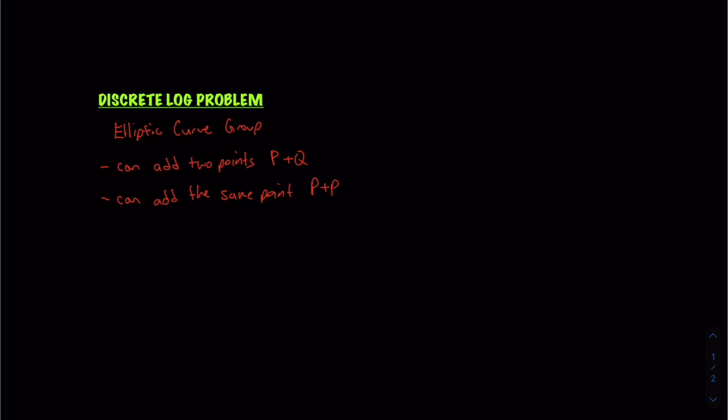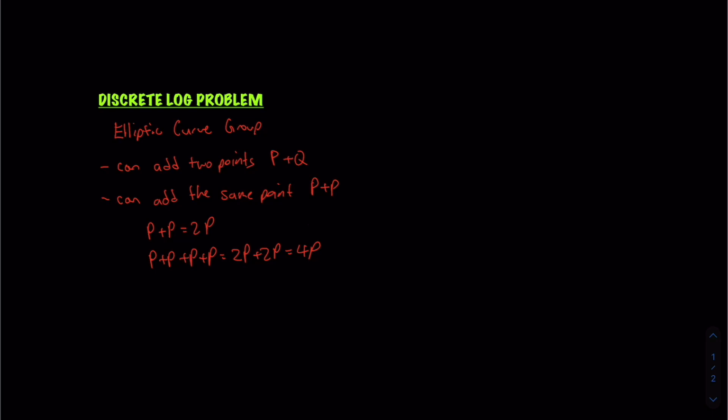Using typical notation, we can even write P plus P equals 2P, or P plus P plus P plus P equals 2P plus 2P equals 4P. It looks just like the math that we're used to. All this because we're working on top of a field whose properties allow us to do these things.